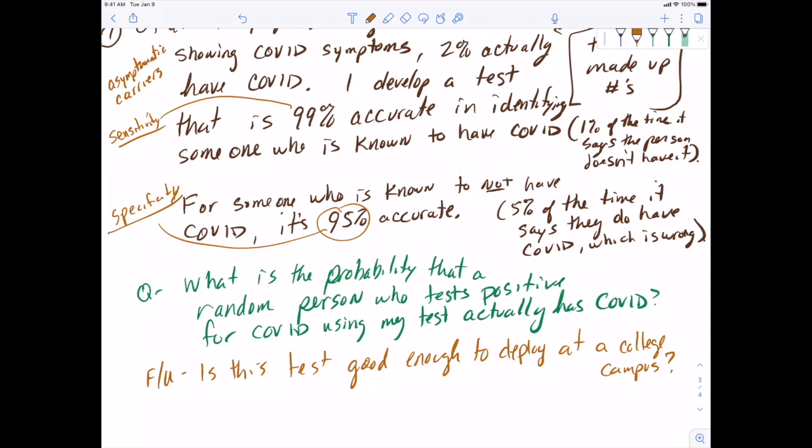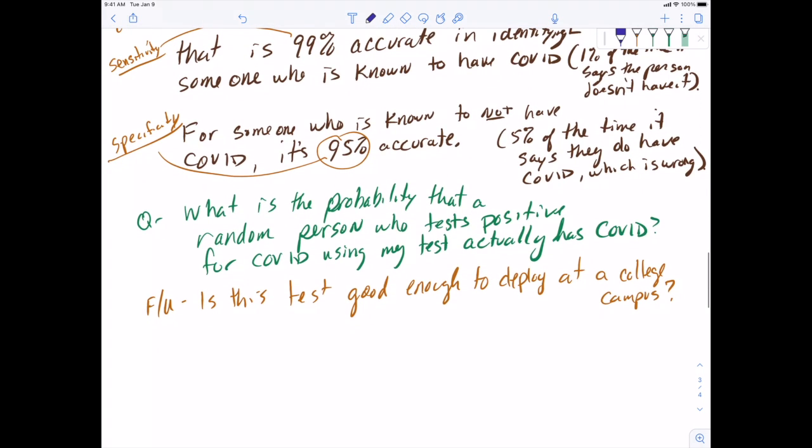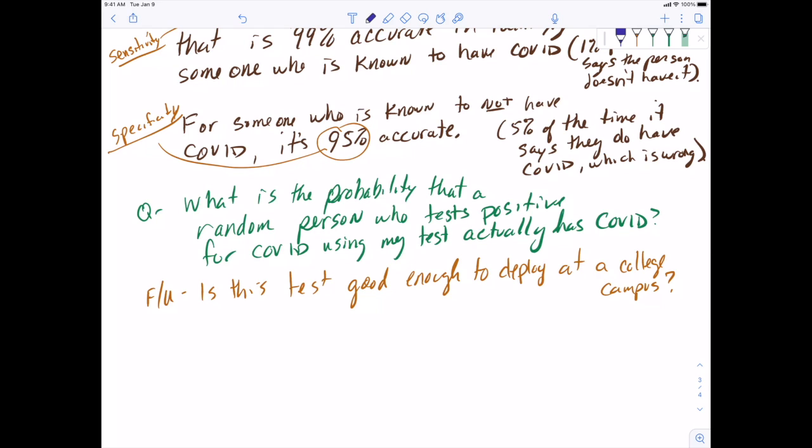So let's start to put this in terms that we understand. Let's make some notation. Let's say C equals you have COVID, and C prime would be you do not have COVID.